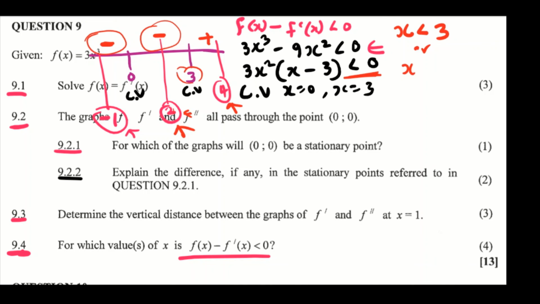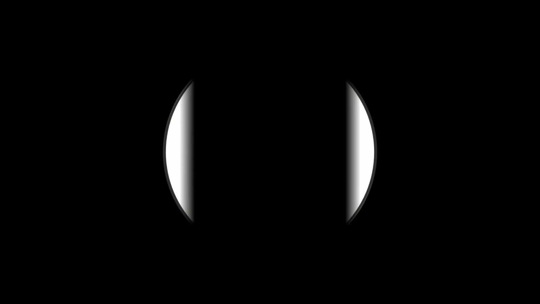So I can leave it there, or someone can just say when x lies between 0 and 3 and x is less than 0, right? This also applies, especially if you write them both. They both apply. So yeah, we're done with this question here.